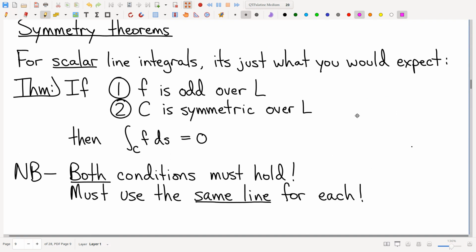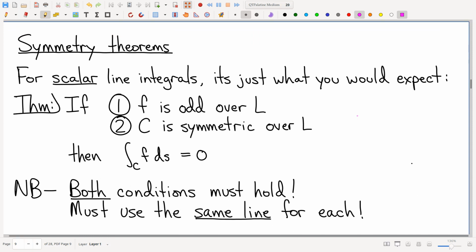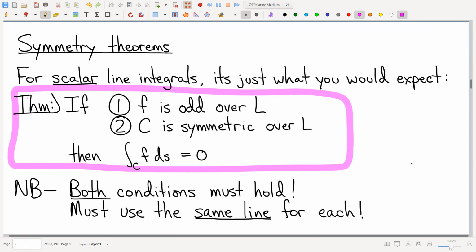Okay, lastly, let's talk about symmetry. I hope this is no surprise. You look at this theorem, you notice the layout on the page. It's exactly the same layout as three other theorems that we've previously seen.